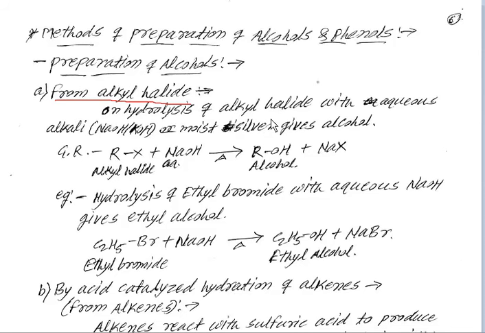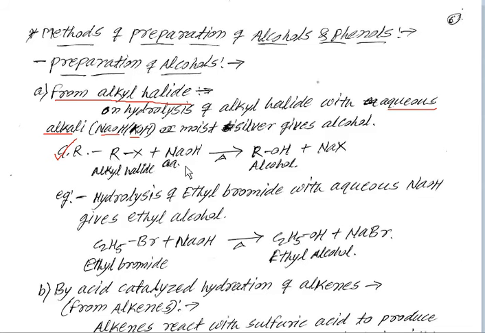On hydrolysis of alkyl halide with aqueous alkali, that means NaOH or KOH, sodium hydroxide or potassium hydroxide, or moist silver oxide, gives alcohol. See here, there is a general reaction: RX, that is alkyl halide, plus NaOH.